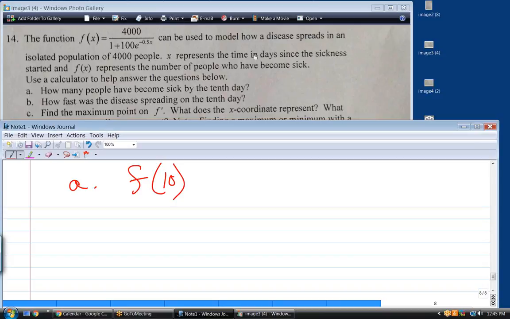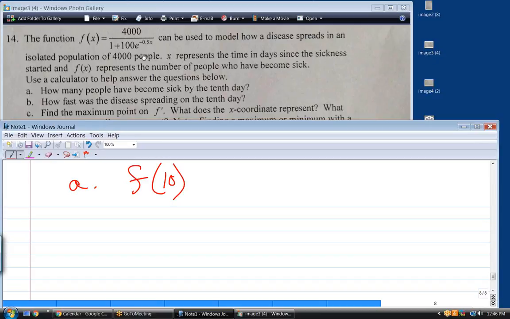X represents the time and days since the sickness started. And x is the only variable in this function. E is not. E is a constant. E is like 2.71. Think of E as kind of like pi. It's an irrational number that's approximately 2.71. Okay, so it's a constant. So it's easy enough to figure out what f of 10 is. Just plug that into your calculator and do the math.